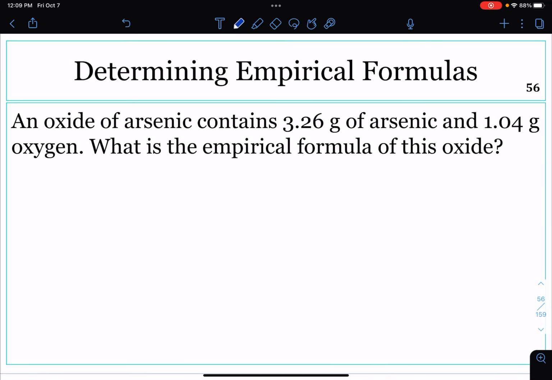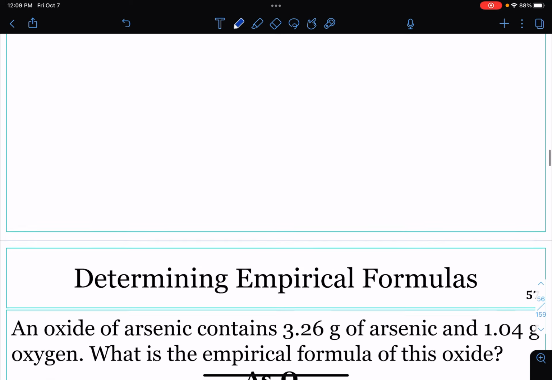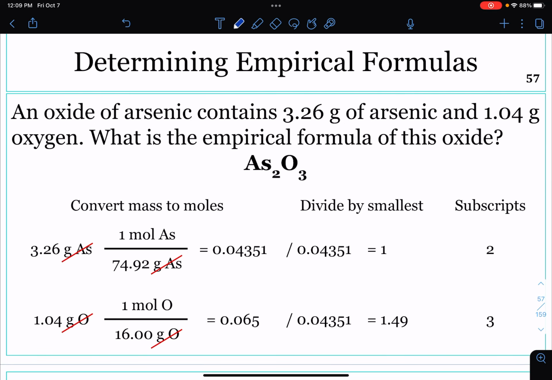Let's try another example. Work this problem out before going on to see the answer. First step, as always, we're going to convert both of the masses to moles using the molar mass of each element. Just remember that this number here is the average atomic mass on the periodic table for arsenic, and this 16 is the average atomic mass for oxygen on the periodic table.